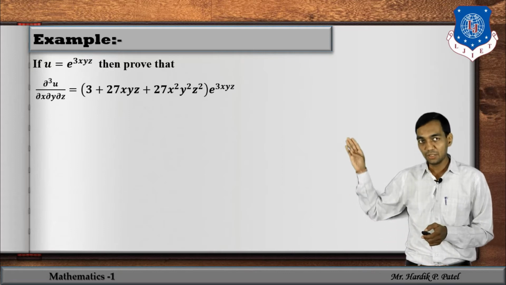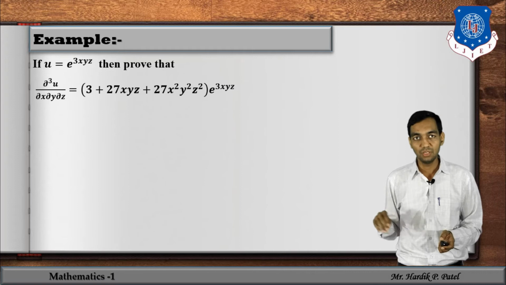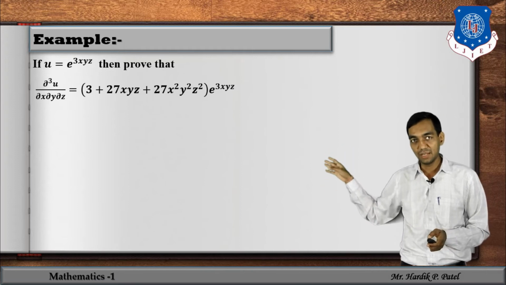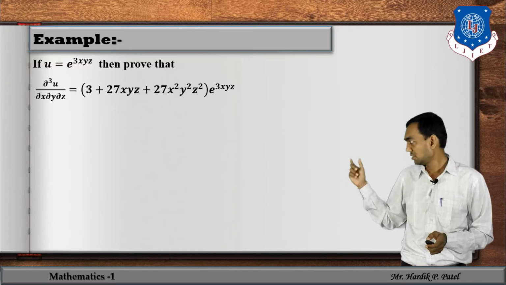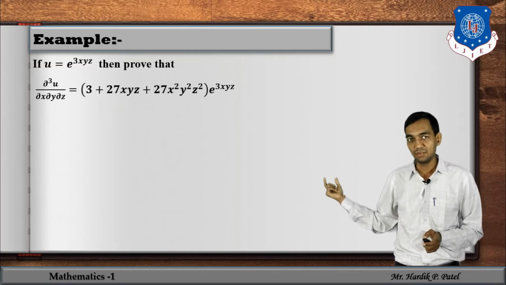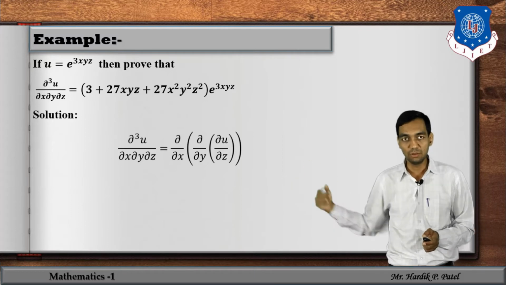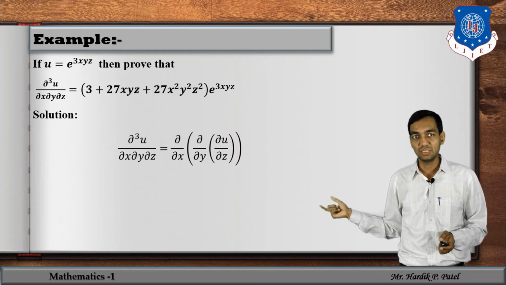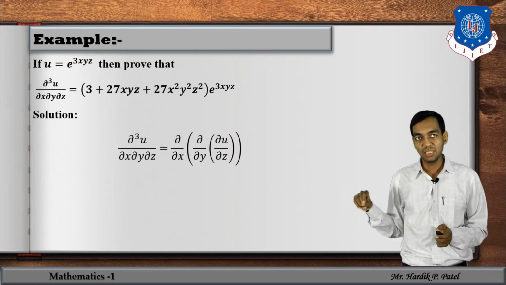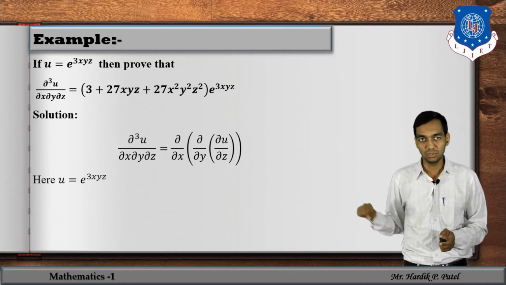Now see, del cube u upon del x del y del z, that means first of all del by del x of del by del y of del u by del z. That means first you have to find del u by del z. You have to start with the inner function and then go outside. So first you have to differentiate u with respect to z, and if you are differentiating with respect to z, then x and y are treated as constants.